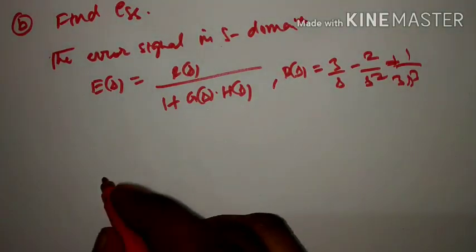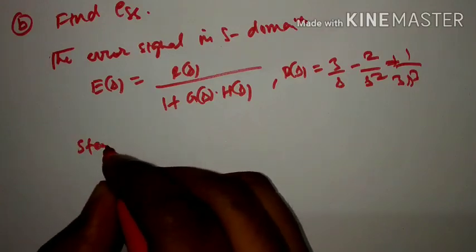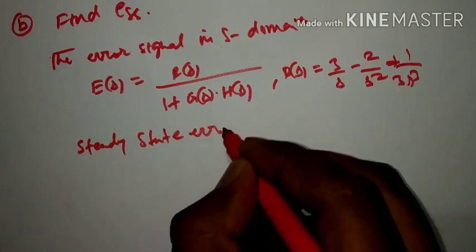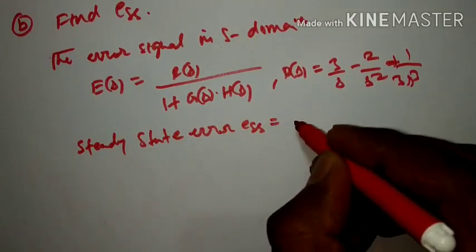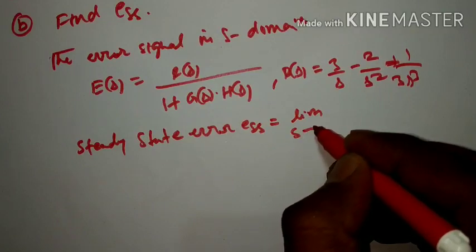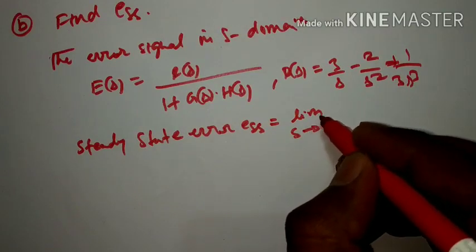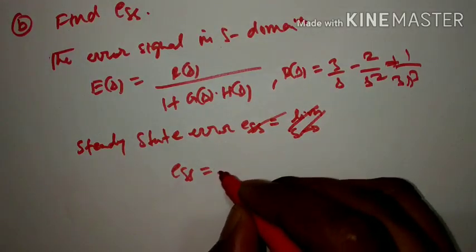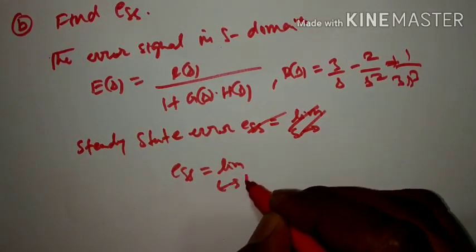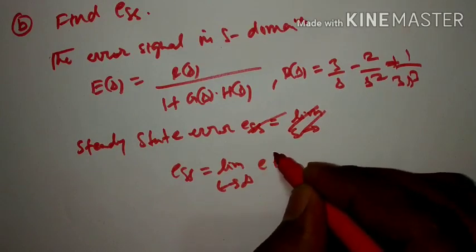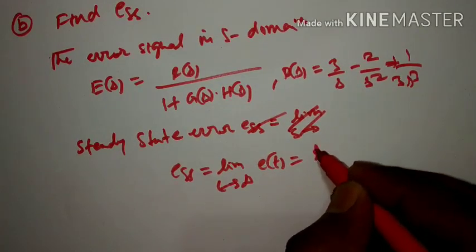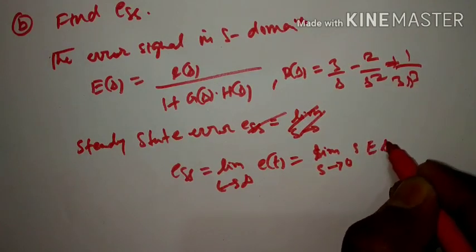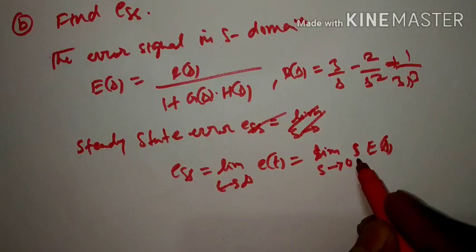So what is steady state error? Steady state error ESS is equal to limit t tends to infinity of E of t in time domain, which when you convert into S domain is limit S tends to 0, S into E of S. You take this formula.